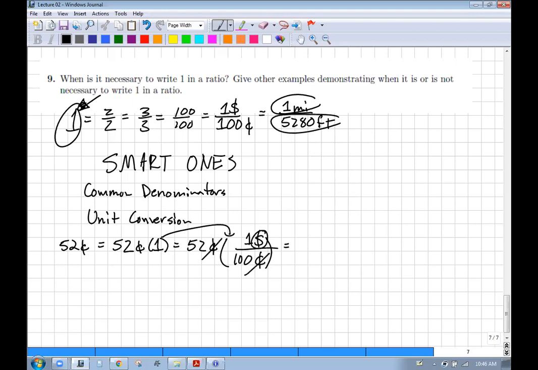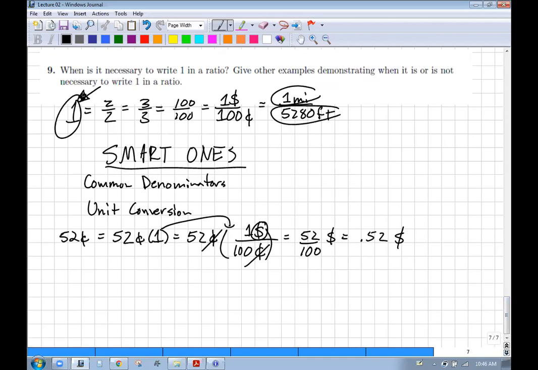So I got 52 out of $100 or 0.52 dollars. These are two ways that we use number 1 written in a ratio. They're called smart ones. That's just 2 examples. So the number 1 is really, really powerful. Again, we didn't change the value, we changed its representation.